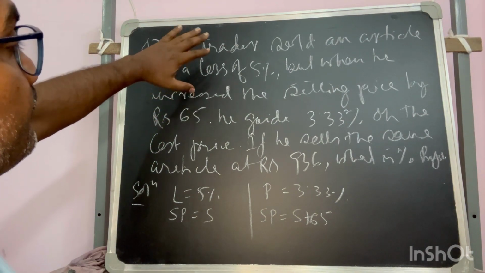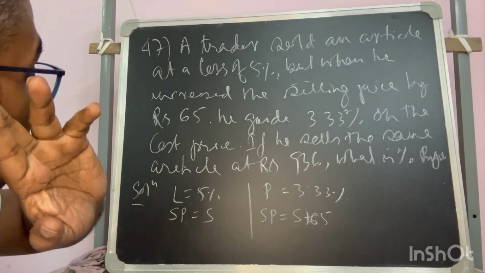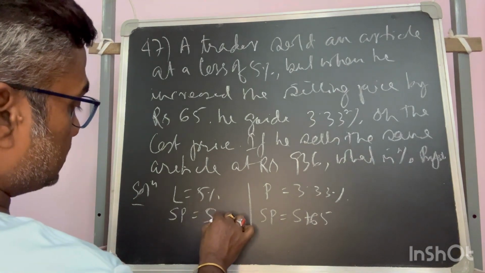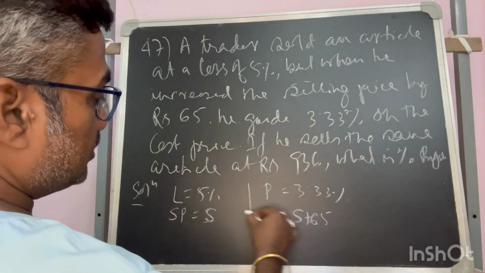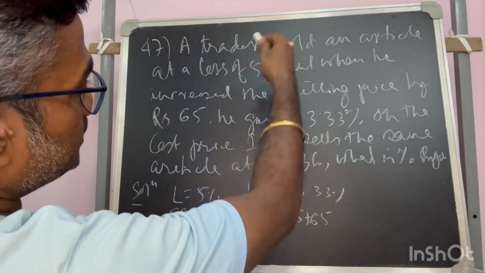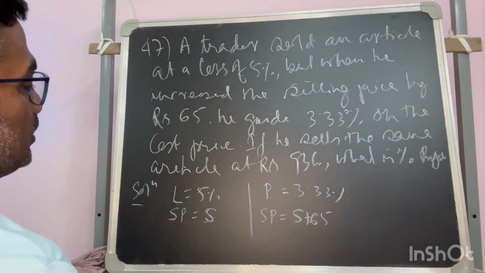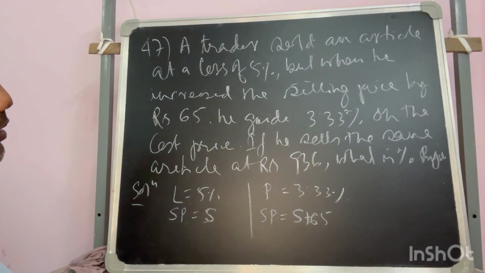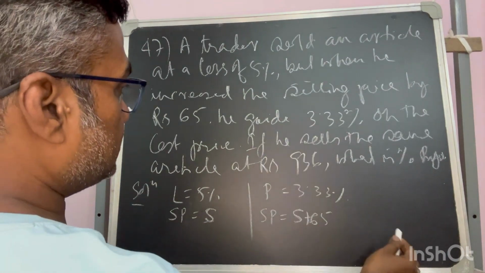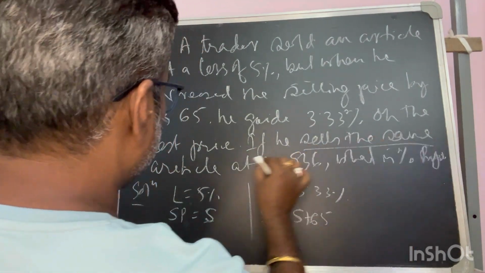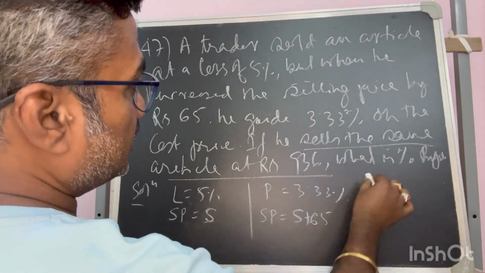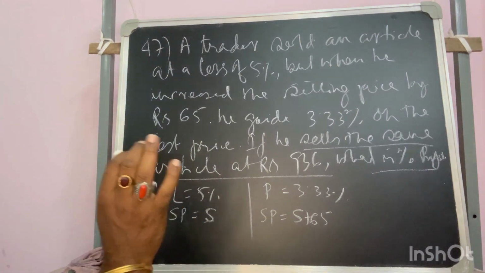The only unknown thing to be calculated is the cost price. Once you are able to find S, you will be able to find the cost price also, because in both cases the cost price is known to you. And why is it needed? Because in the third part he sells the same article at this much. So when the selling price is given and percentage profit is needed, you obviously need the cost price.